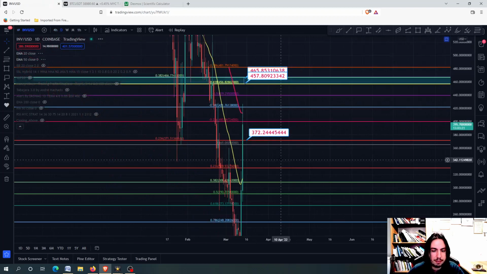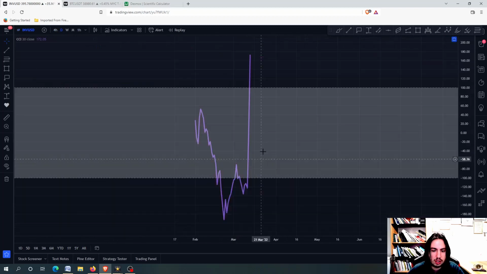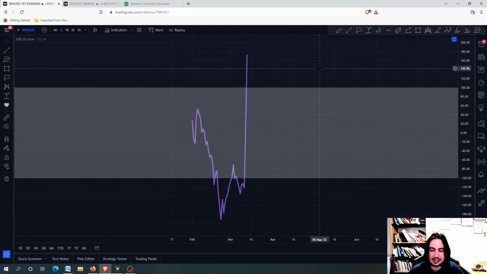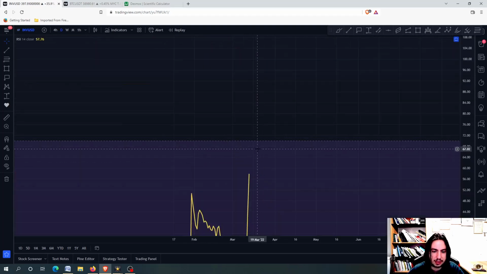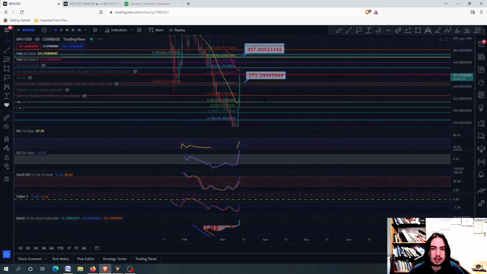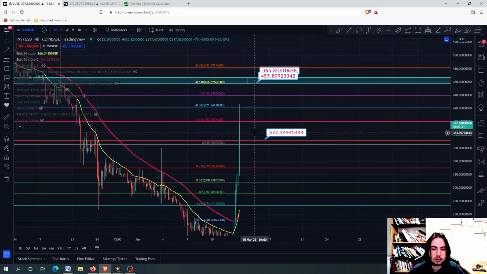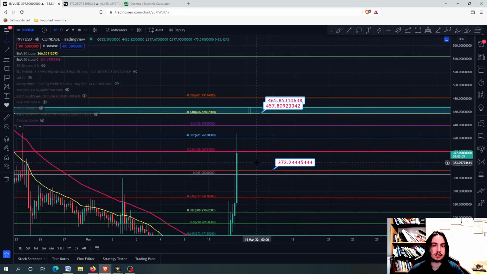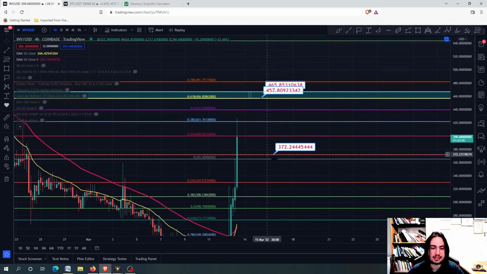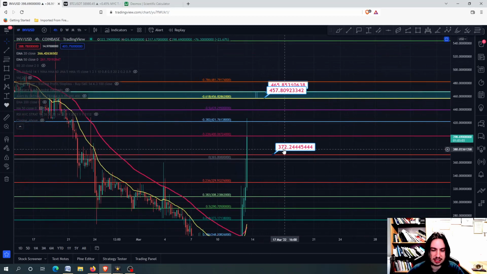On the daily frame, things are looking good, although the daily commodity channel index is in an extreme overbought, but on the daily RSI we can potentially grow even more. But pay attention to the targets we talked about. To sum up what we said: if we close above the 372, then we have some chances to go back into 457 and 465.